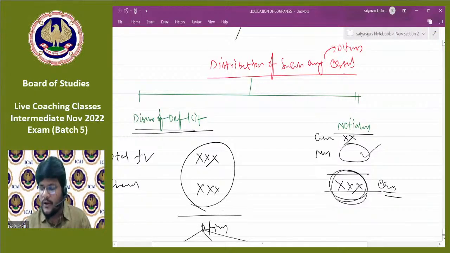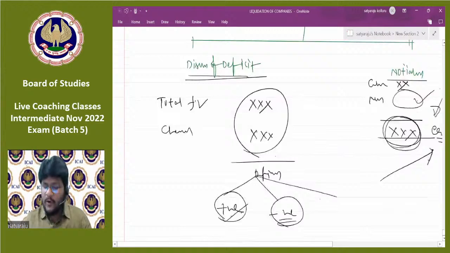Then finally, you need to check whether a particular class of shareholders needs to bring cash into the company or the company needs to make payment to such class of equity shareholders. How do we know? Notional call means cash needs to be introduced. Here, at the time of distribution, it means cash given by the company to the equity shareholders. The net difference we need to check, whether they need to introduce cash or whether the company needs to pay. Am I right, guys?